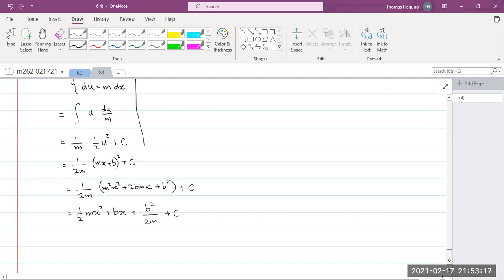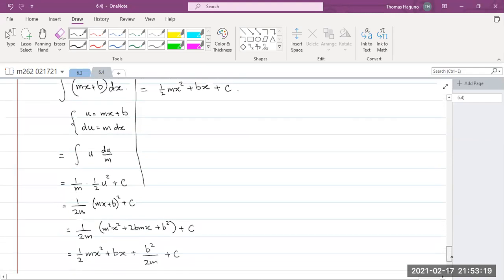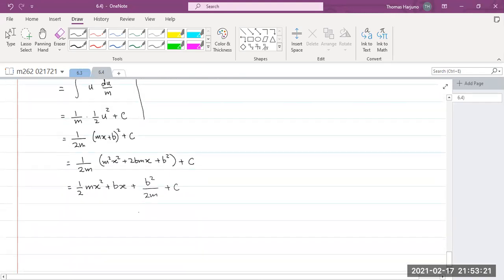Notice that they are very similar to the one up here. The difference is that I have this extra, but notice that this is basically another constant. I call it C1 and call this C2. C1 plus C2 will give us another constant, C. Now they are the same.